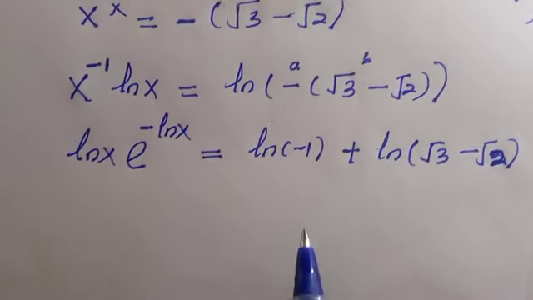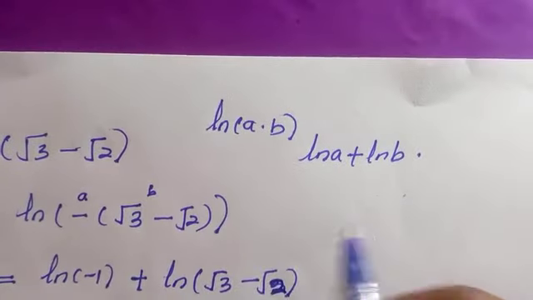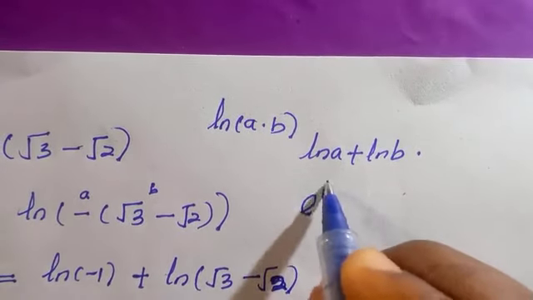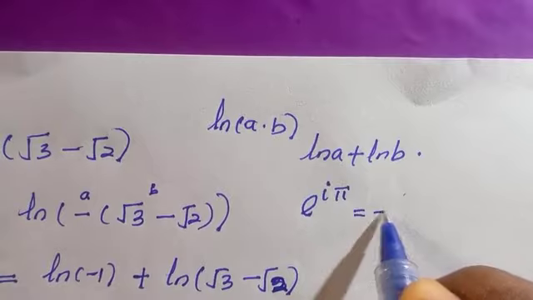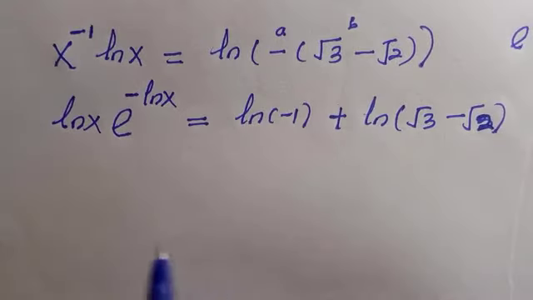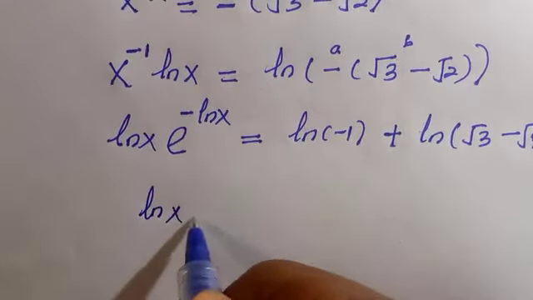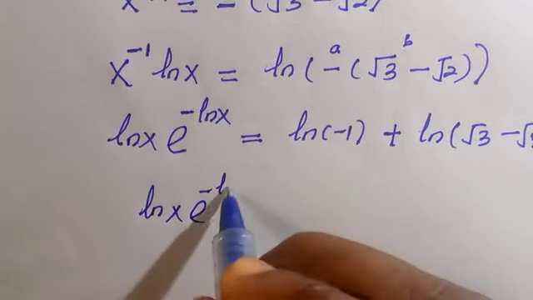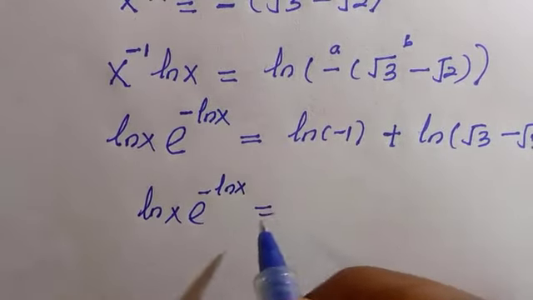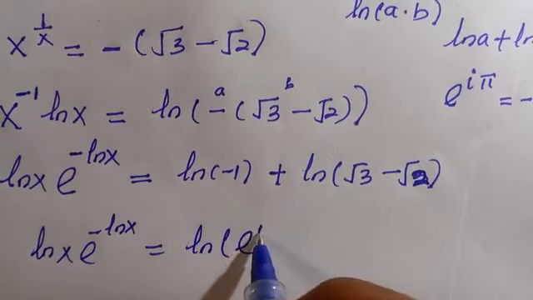And we know that this minus 1 that we have in ln follows that exponential of i pi equals minus 1. So we just replace this ln minus 1 with exponential i pi. And here we have ln x, exponential of minus ln x equals ln of (exponential i pi).